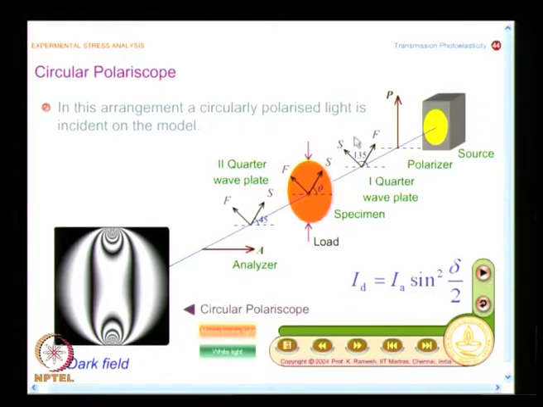So, what I have here is the polarizer and the quarter wave plate, and the angle between the slow axis and the polarizer is 45 degrees. So, along the axes of the quarter wave plate, the amplitude of light is the same, and being a quarter wave plate, it introduces a retardation of pi by 2.